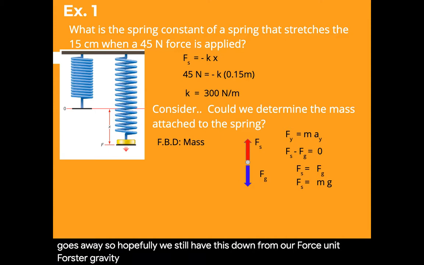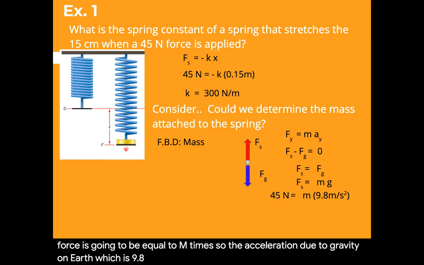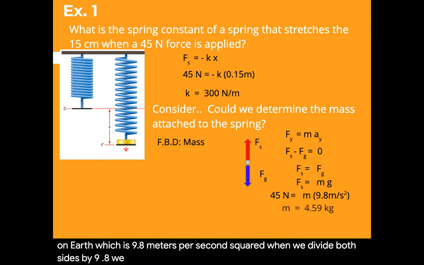Force of gravity is the mass times gravity. So we know that that 45 Newton force is going to be equal to m times the acceleration due to gravity on Earth, which is 9.8 meters per second squared. When we divide both sides by 9.8, we find that the mass would be 4.59 kilograms.